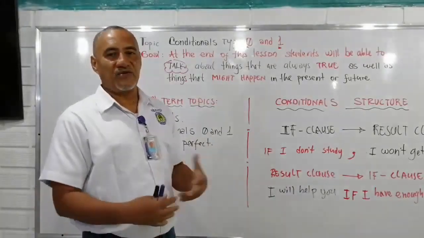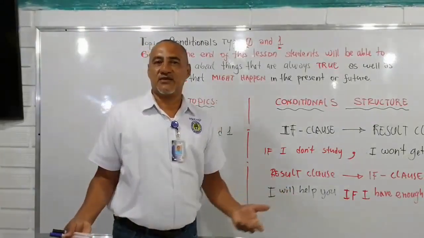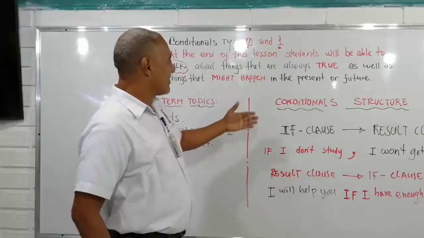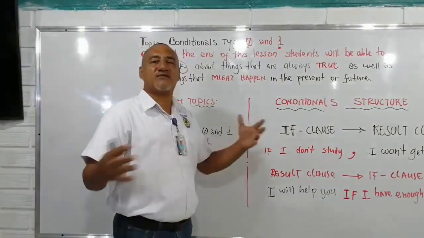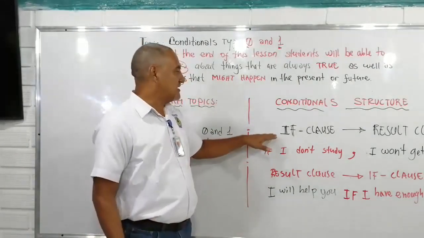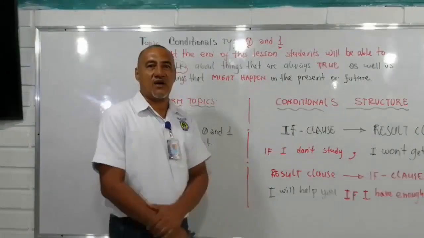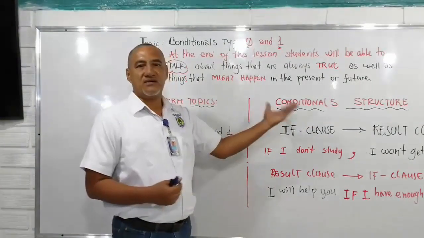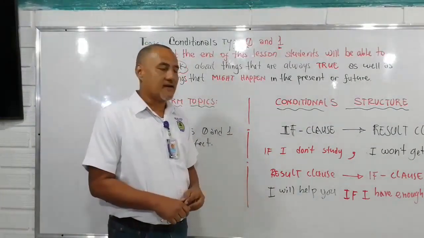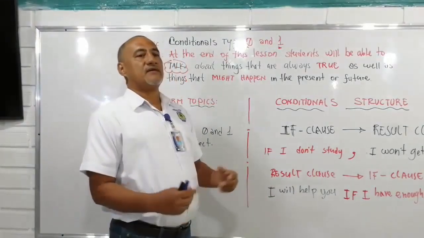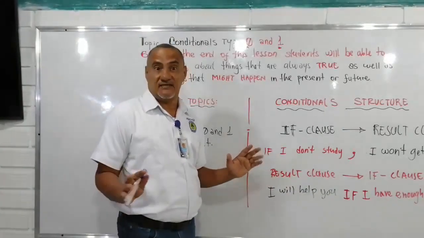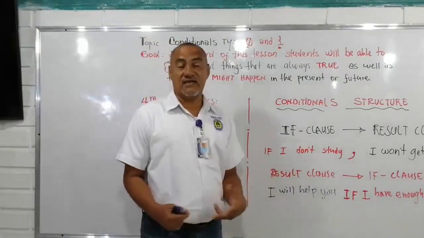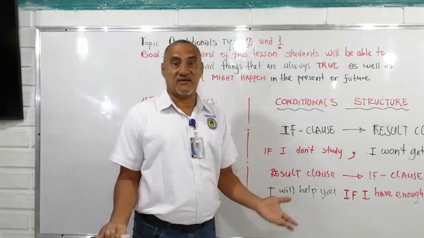Okay? Then look at this. Before going through some exercises, because this is also a review for you, the structure: all the conditionals have two parts, an if clause and a result clause. Una condición y un resultado, el que se espera, right? Look at this example. If I don't study, si no estudio, I won't get graduated, no me graduaré, right?